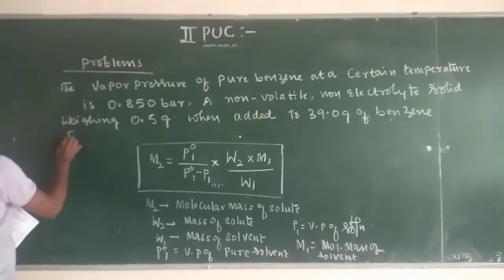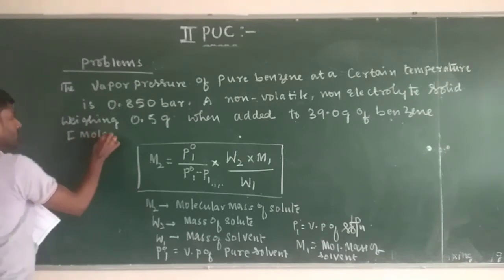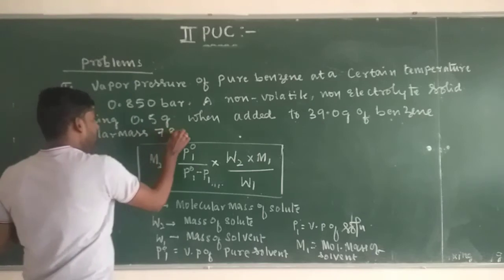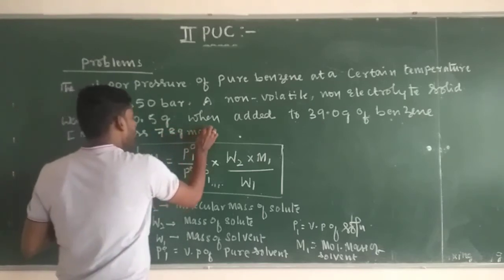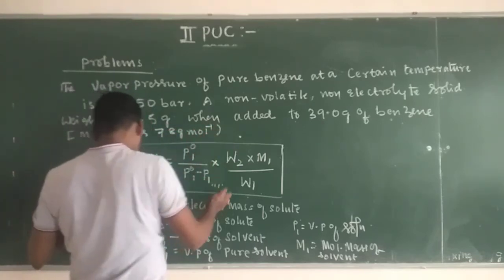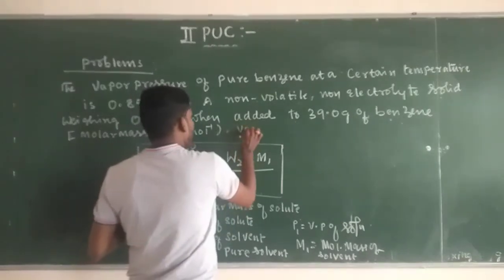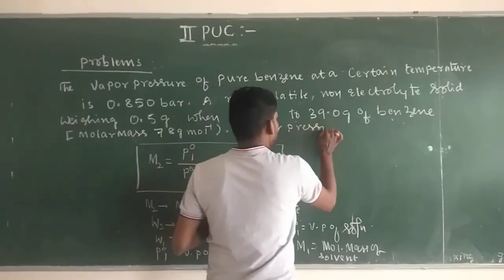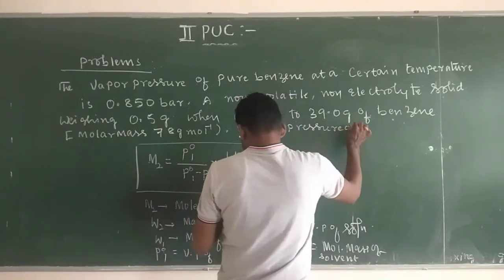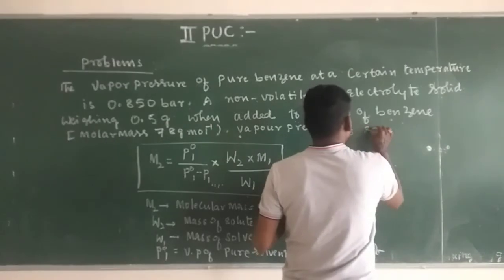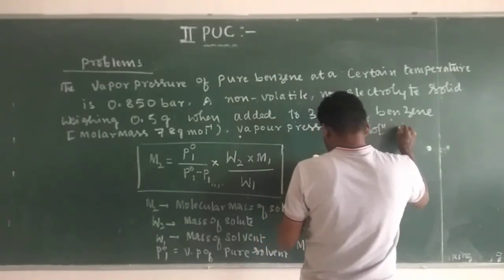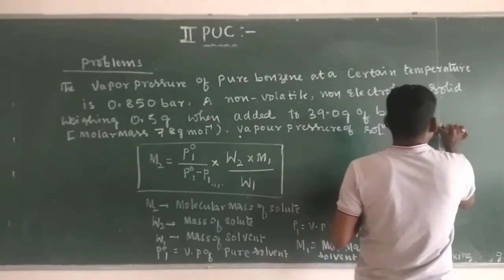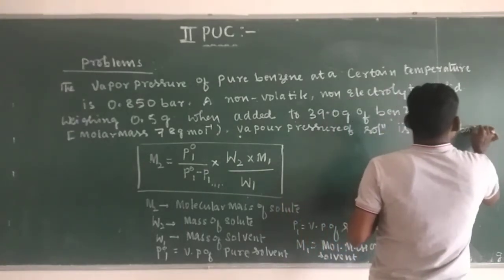Molar mass of benzene is 78 gram per mole. The vapor pressure of the solution is 0.845 bar.